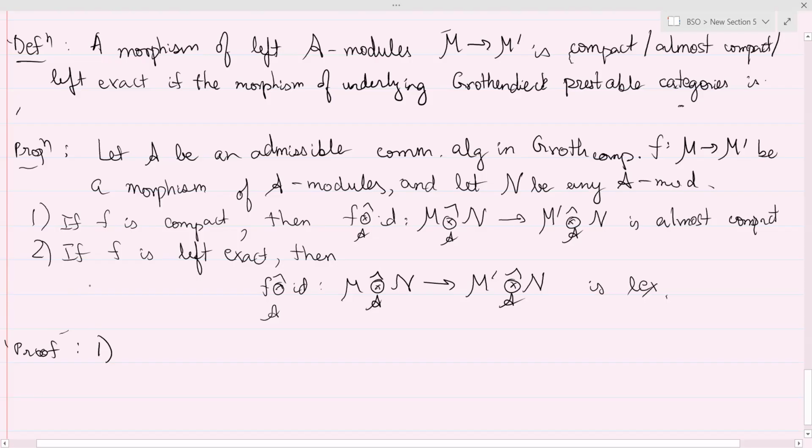For the first part, we have the following morphism.